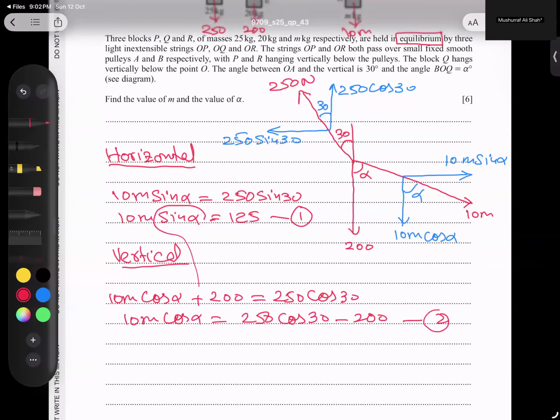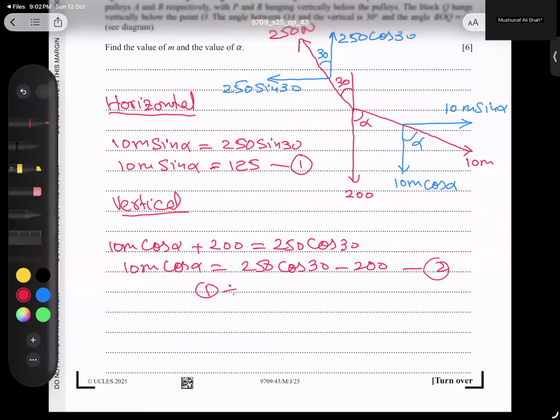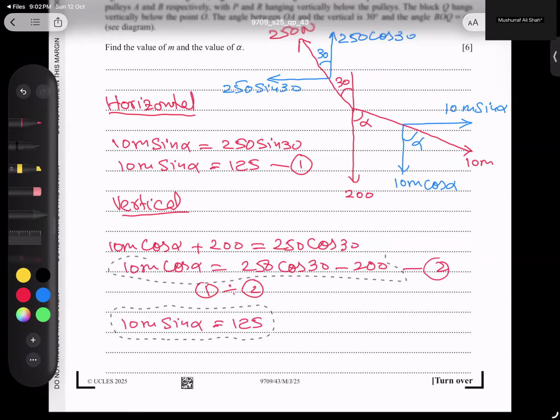I know that sine over cos is tan. If I divide 1 by 2, what happens? Look, I show you. This equation I'm copying from here and pasting here, and this equation I'm copying from here and pasting below, and put the equals in the middle.